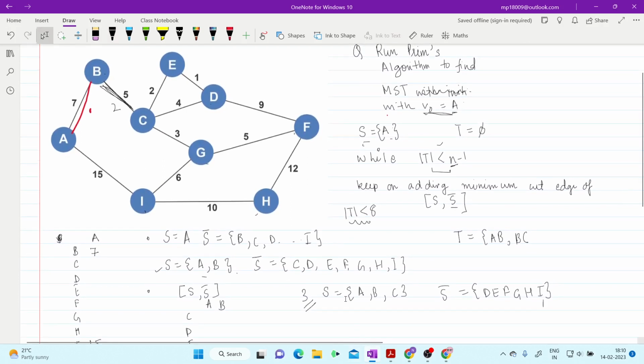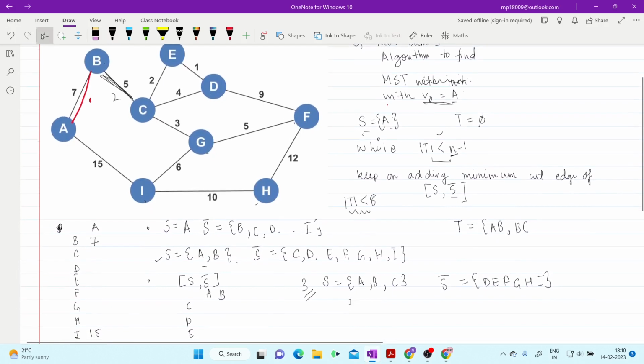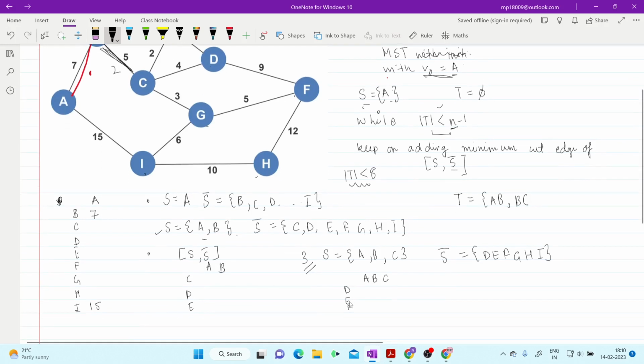For that we want to find the minimum cost edge for this partition, S equal to ABC, and D, E, F, G, H, I. So what is the next edge?